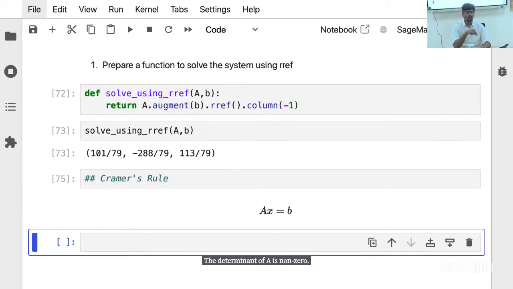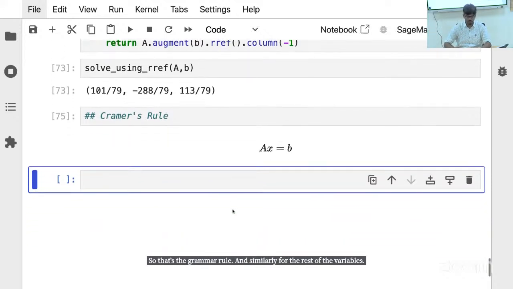The solution of such a system is going to be equal to, anybody? The first variable's solution will be equal to the determinant of the matrix A in which the first column is replaced by B, divided by the determinant of A, right? Yes, sir. So that's Cramer's rule, and similarly for the rest of the variables.